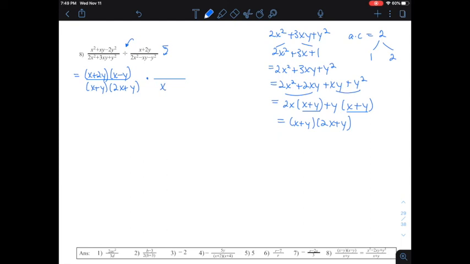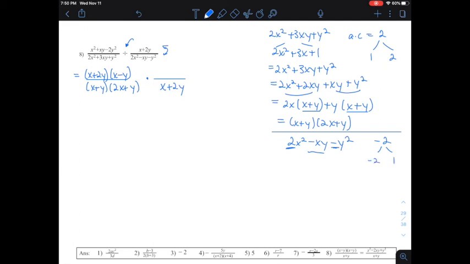Okay, so I'm going to flip this over. So my denominator is going to be x plus 2y. And then my numerator, so let's factor 2x squared minus xy minus y squared. So if I look at the coefficients here, I know that a times c is negative 2. And I know that I need to break up my middle term of negative 1 here.